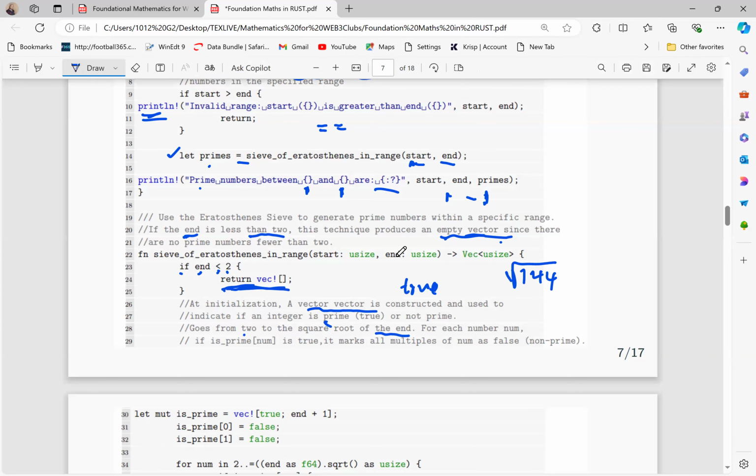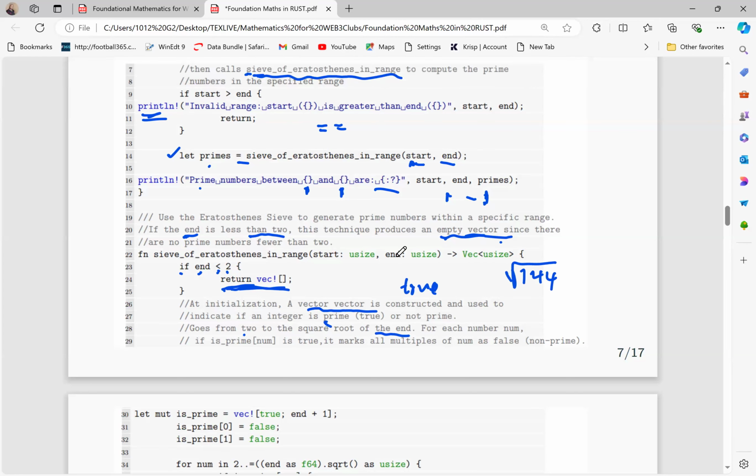For each of those numbers from 2 to the square root of the end, if the number is prime, it marks it true. And then it marks all multiples of 2 with a false, meaning they're not prime.